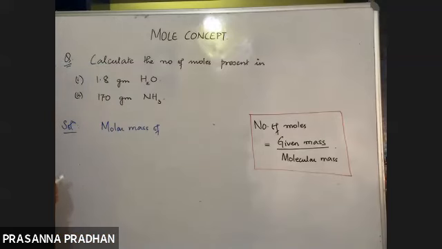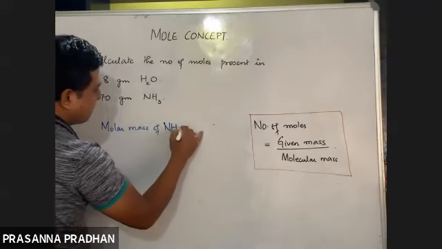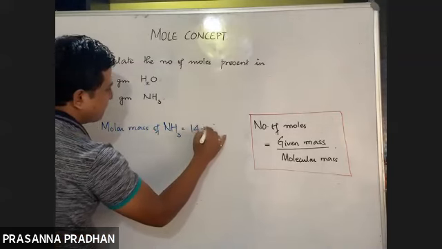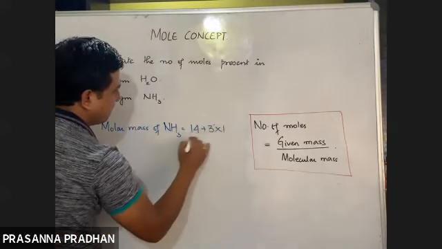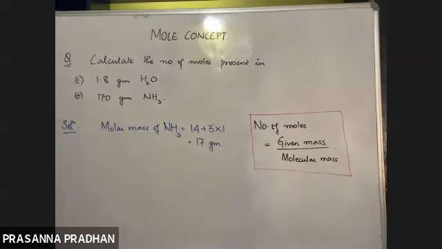So the molar mass of ammonia will be equal to 14 plus thrice into 1, which is equal to 17 gram. This is the molecular mass of ammonia. You are supposed to find out the number of moles in 170 gram of ammonia. So now let us apply this formula. Therefore, number of moles.